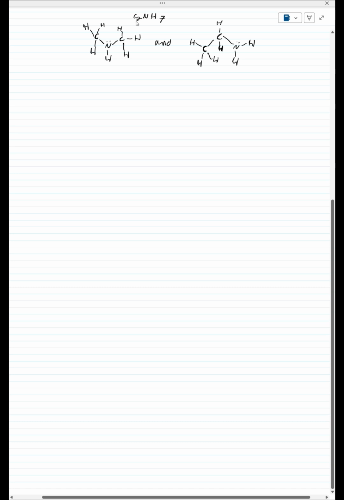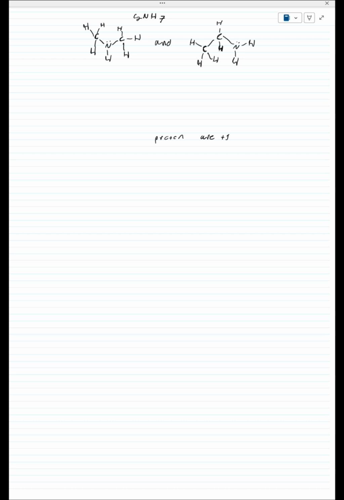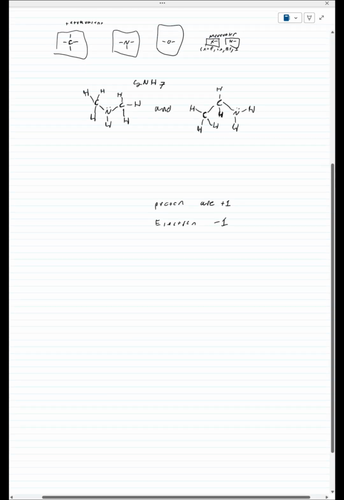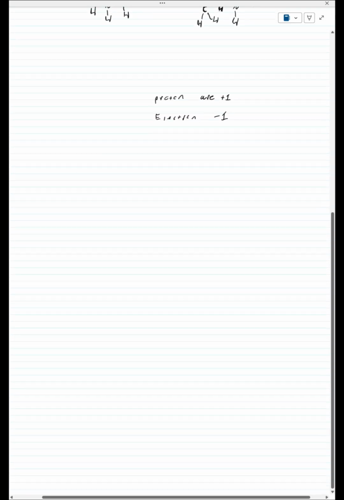A quick reminder: a proton is +1. Electrons are -1. Now, we want to get more practice in making some Lewis structures with the valence or the structure theory.